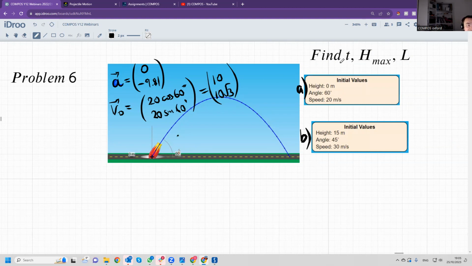So the question is, find the time. Okay, so we write down the equation. The time here, of course, we're interested in this time.